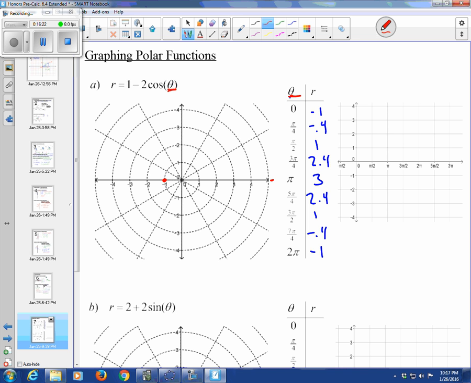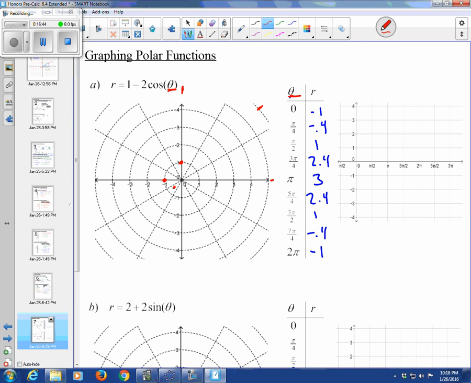For an R value of pi over 4, we've got a -0.4, so that's almost -0.5 right there. For a rotation of pi over 2, we've got an R value of 1. So now at this rotation, we start traveling in the direction of that rotation because we've got a positive R value.